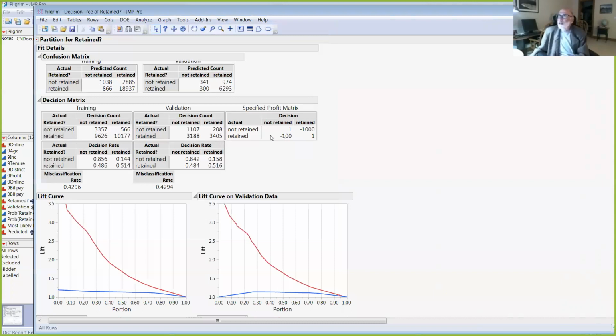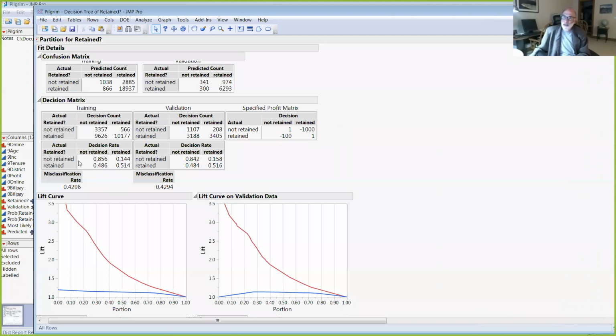Excuse me. So with that profit matrix, which I did not reason out real carefully exactly what to put in it, you can see what the profit matrix is that I entered here. And what it's actually done is it has changed its predictions. And you can notice that it has made a lot more errors of this type than of this type.